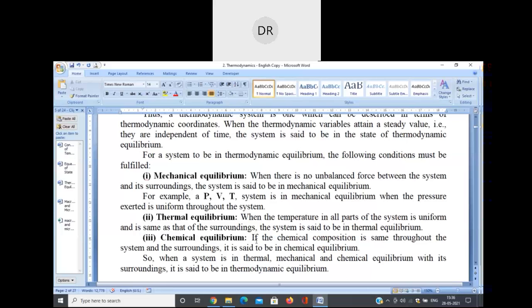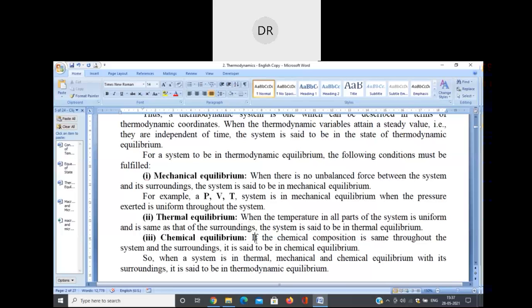Third one is chemical equilibrium. It means the chemical composition of a system is constant throughout the system. Chemical equilibrium means the chemical composition of a system does not vary from one place to another place of the system. For example, in a gas cylinder with a movable piston, the gas molecules are the same everywhere in the cylinder.